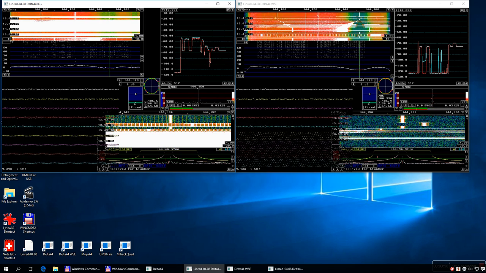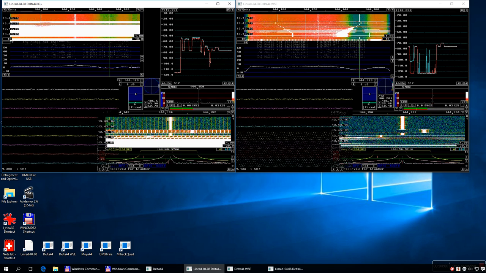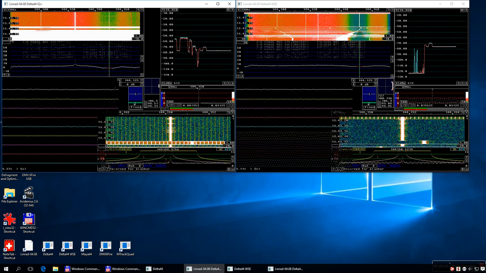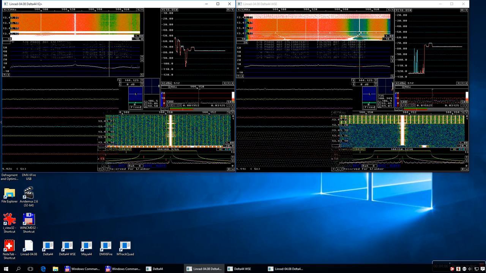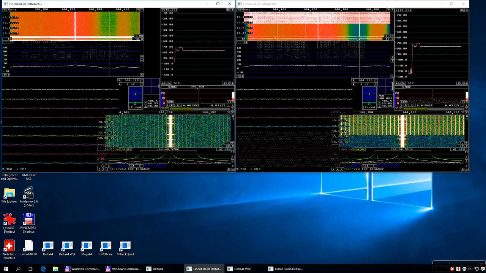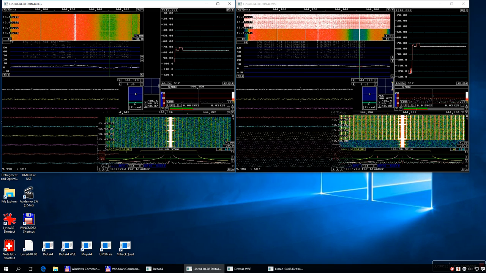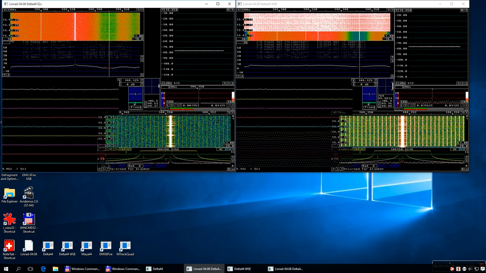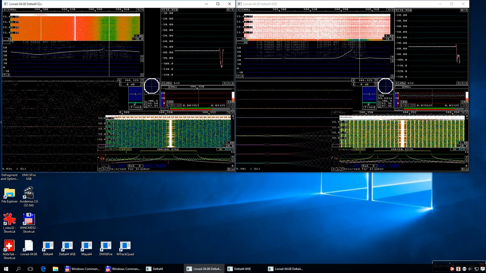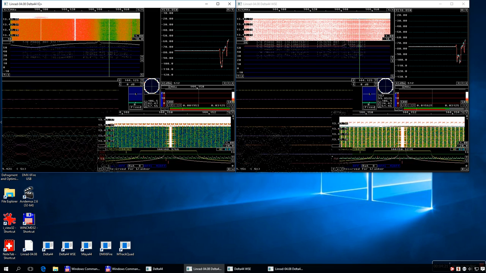Now it's at the center of the notch, and you can see that the level has gone down from minus 20 to minus 75 in both receivers. So the notch is 55 dB deep. Sorry.